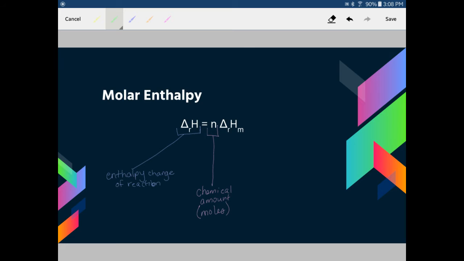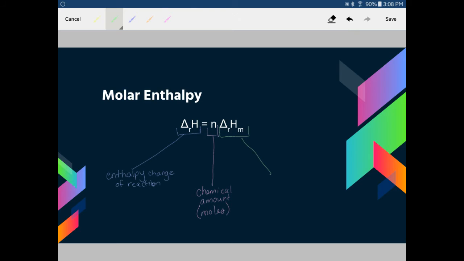Okay, and then this third variable that we're dealing with is a delta RHM. Now, essentially, all that this means is, again, the change in enthalpy of a certain reaction, and this R will change again. If it's combustion, it'll be a C. If it's formation, it'll be an F. And it's the reaction enthalpy as a molar value. This little m means it's the molar enthalpy.